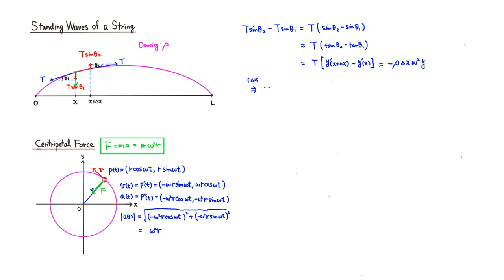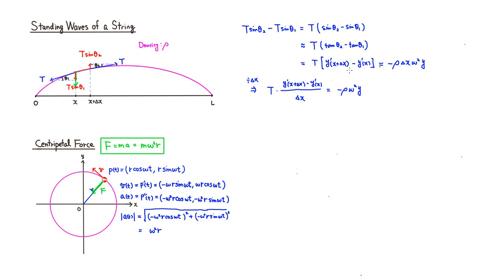We get T times y prime of x plus delta x minus y prime of x, divided by delta x, equal to negative rho omega squared y.